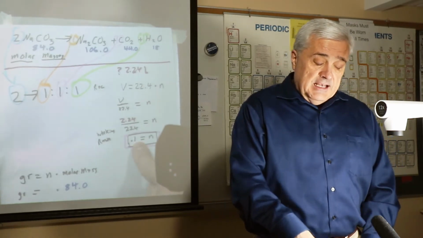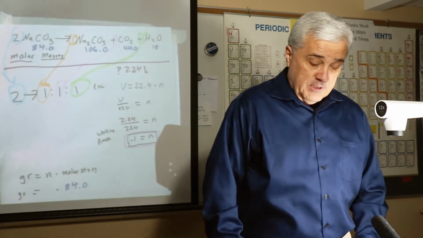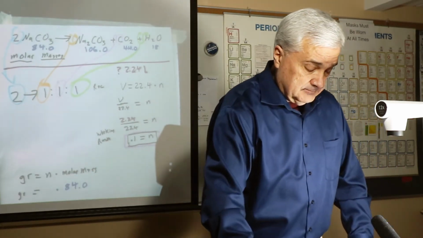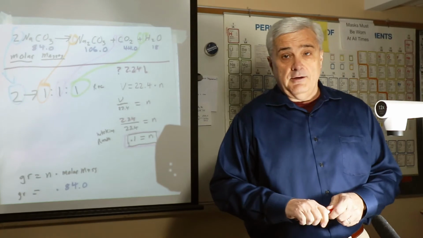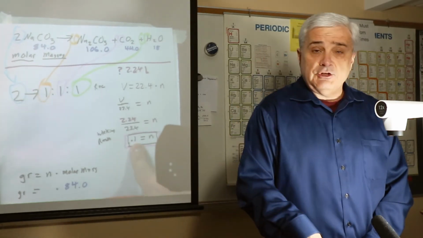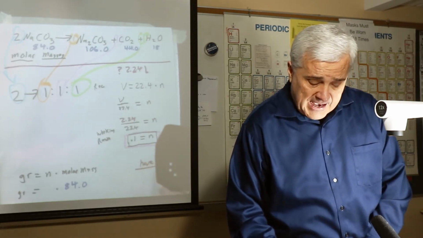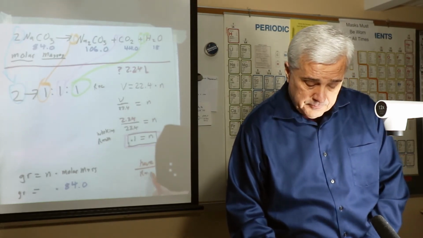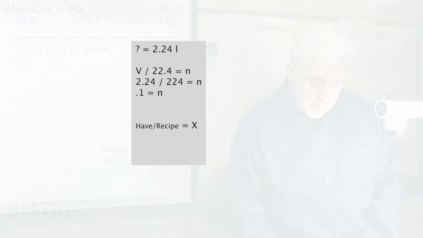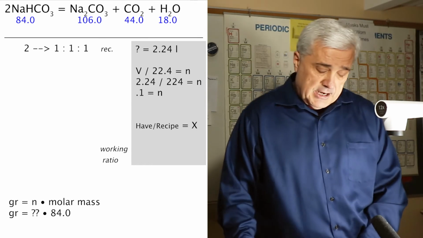So I'm going to create a number that I can use to multiply that whole ratio by. I'm going to call it my multiplier. So it's going to be the number that you actually have divided by recipe. How much you have divided by the recipe equals a multiplier.